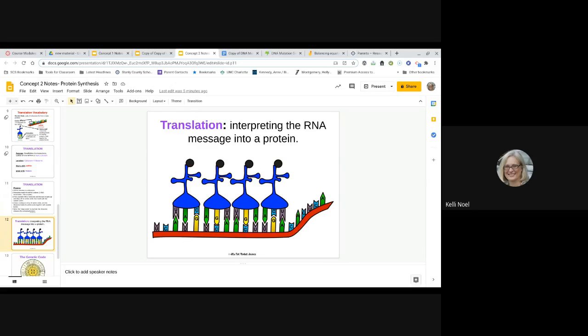It's interpreting what is on the messenger RNA, turning it into a protein. These funny little things are tRNA, looks like pieces in the Sorry game. They're going to connect these circles up here, which are amino acids, with peptide bonds, and you're going to have your protein in the end.